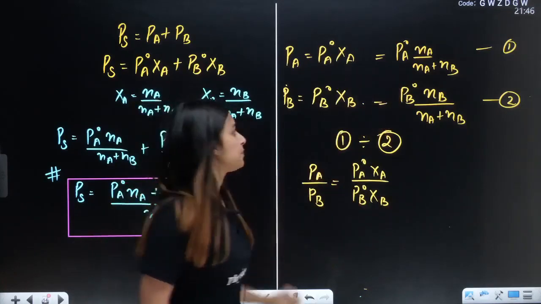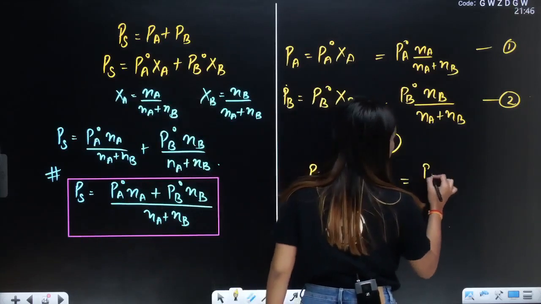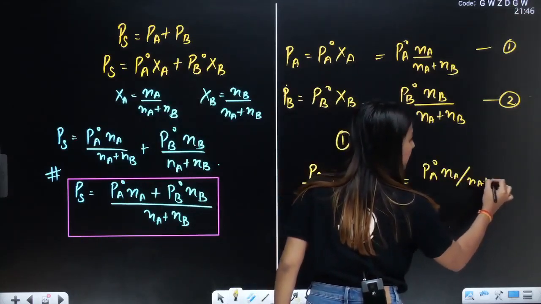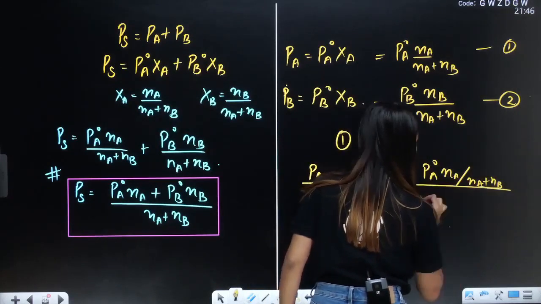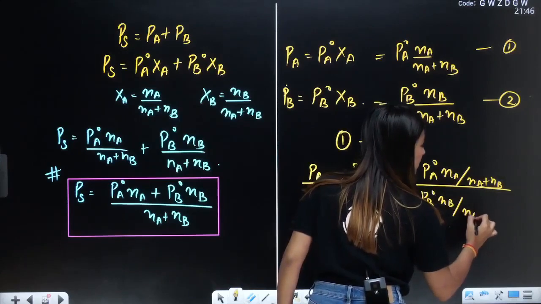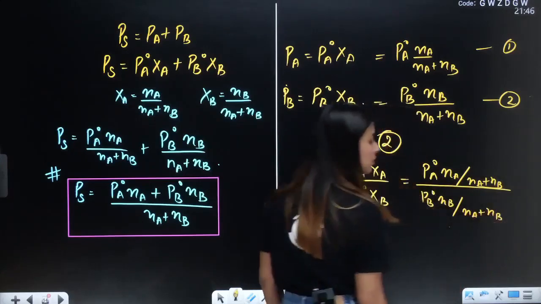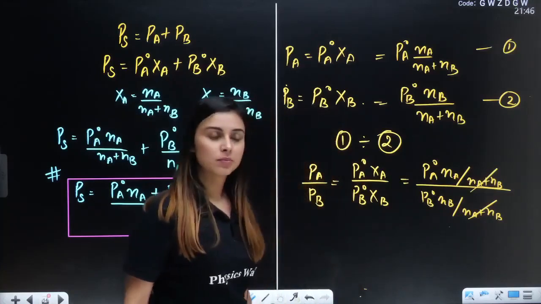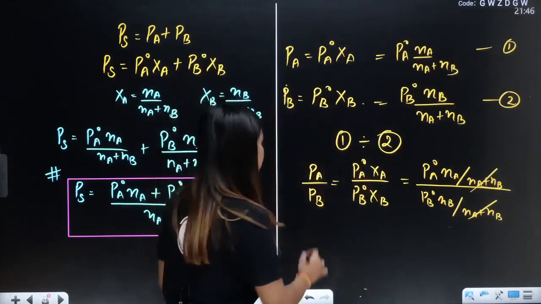Divide those as well. This will be equal to PA naught NA by NA plus NB upon PB naught into NB upon NA plus NB. Right? So you can cancel them. So what are you left with?